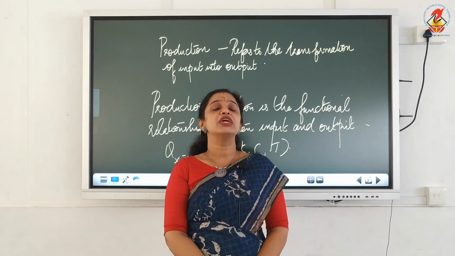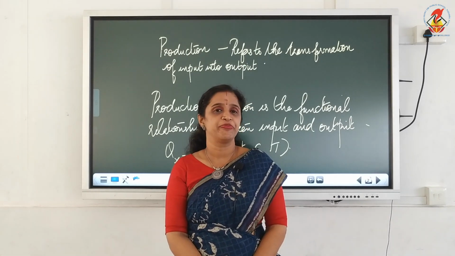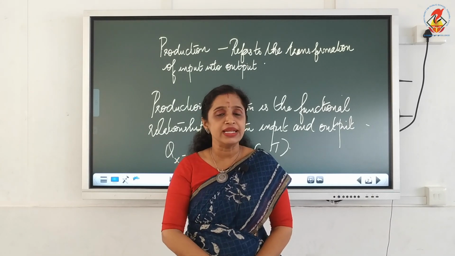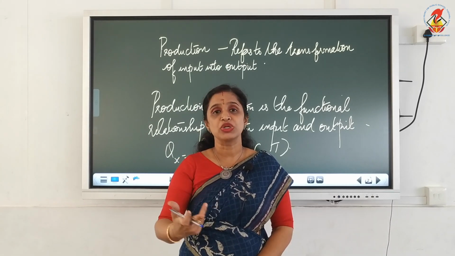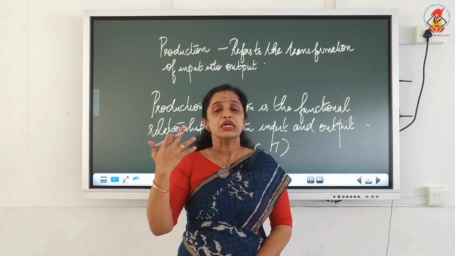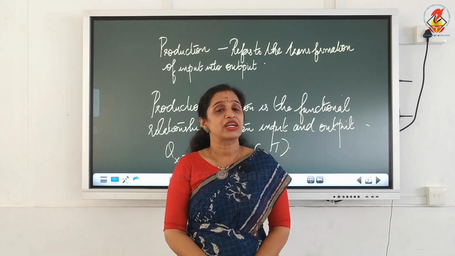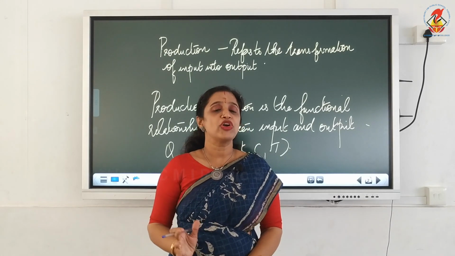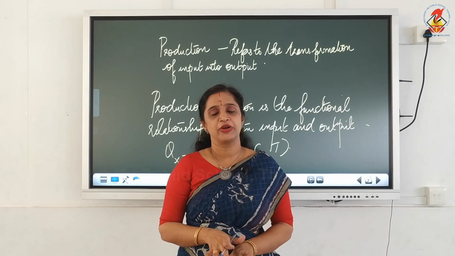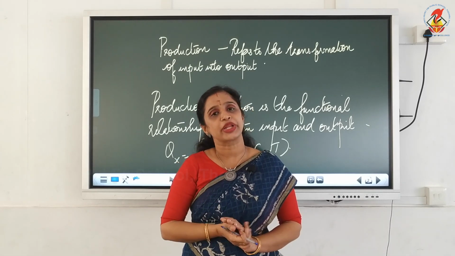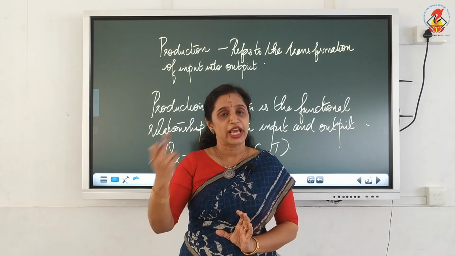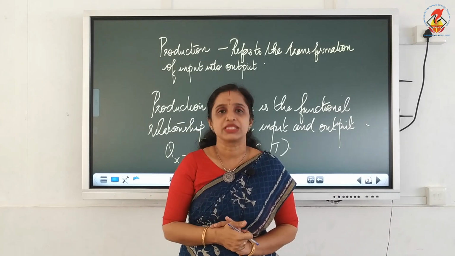Now for example, a biscuit manufacturing company. For the manufacturing of biscuits, we need different ingredients such as milk, sugar, wheat flour, and all the related factors such as machines, land, workers, etc. All these are the major inputs required, and when these inputs are combined, they get transformed into biscuits.